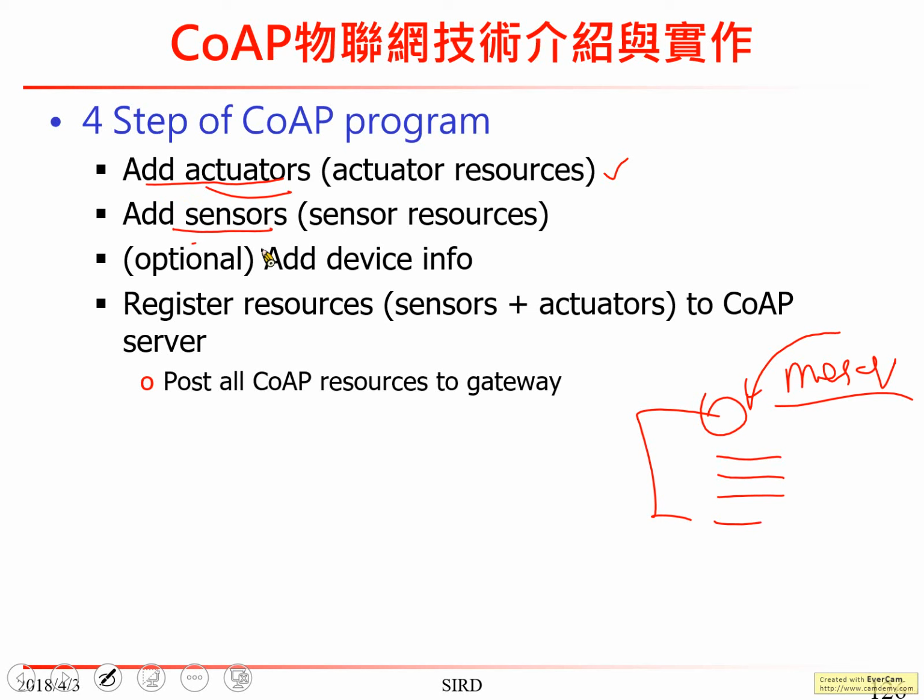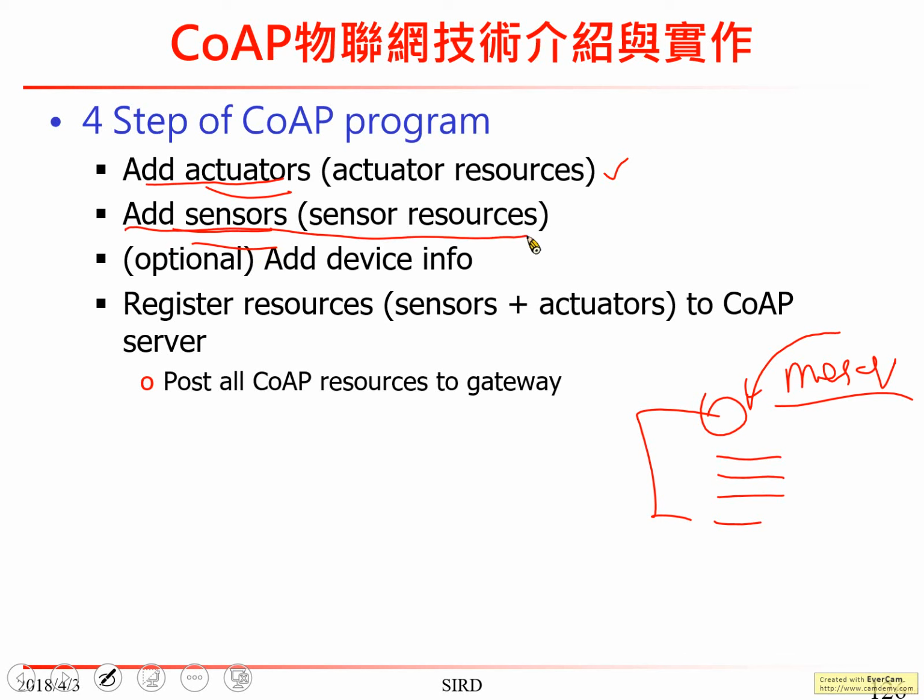And how about sensors? If you want to read a sensor, the sensor has to keep updating its value. So if you want to read it, it just sends the current value back to you. That's why you have a loop. It's similar to your embedded system.